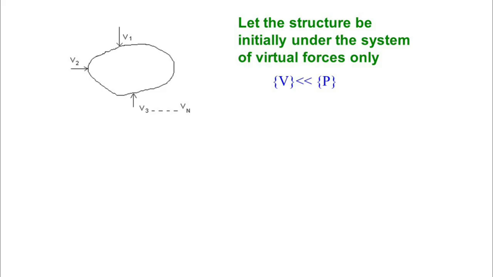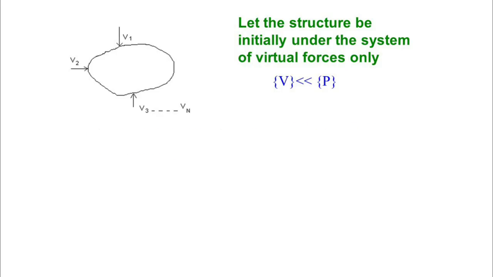Let us assume that before the application of the forces P1, P2, etc., the structure was under the action of the virtual forces V1, V2, etc., acting at the same points, corresponding to the vector P. And let's also assume that the magnitude of these components V is very small as compared to the P components.